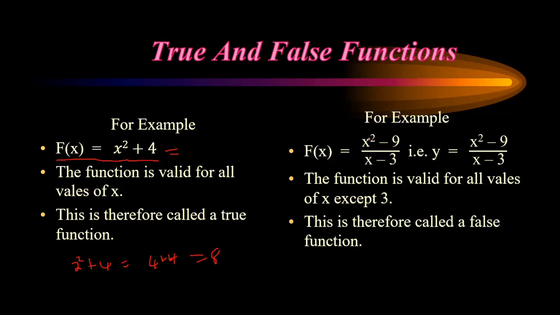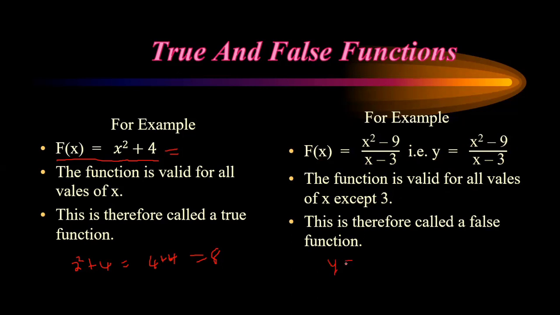Now let's look at an example of a false function. We have f(x) equals (x squared minus 9) over (x minus 3), which we can also write as y equals (x squared minus 9) over (x minus 3). Now this function is valid for all the values of x except 3. Let's see why.